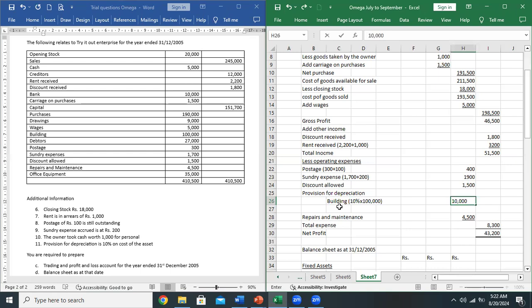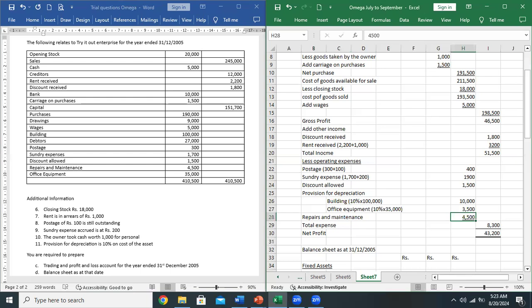And then the office equipment, that is also 10%, multiplied by 35,000. Sorry, the equipment is 35,000. So we'll get 3,500. So this is what they mean when you calculate, take it to the profit and loss account as an expense.